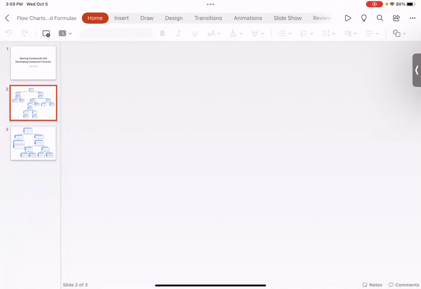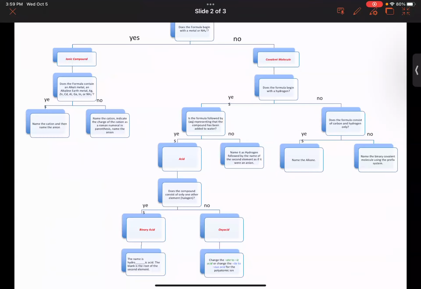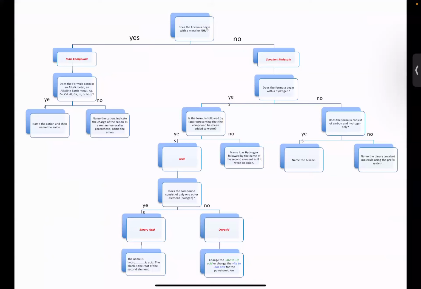There is a PowerPoint, and you can't read it, so that's why I said I've got to post it. This PowerPoint looks like it's going to help you with naming. I always have to figure out which one I'm looking at. And what it does is it gives you specific questions to ask.